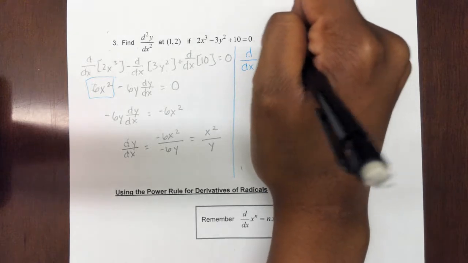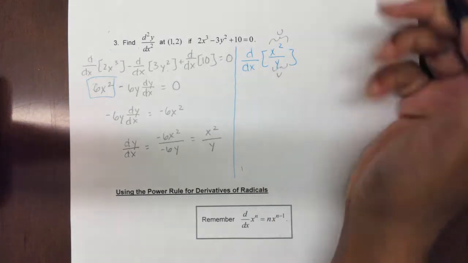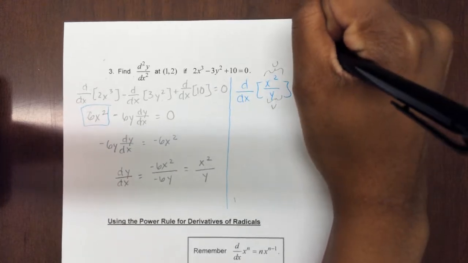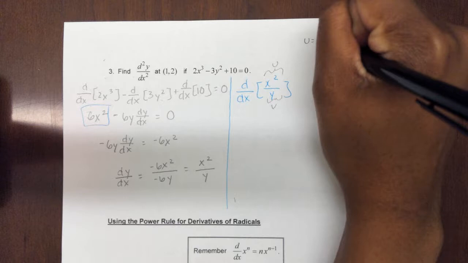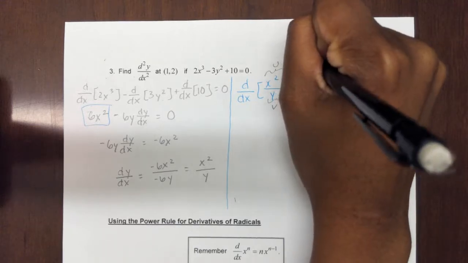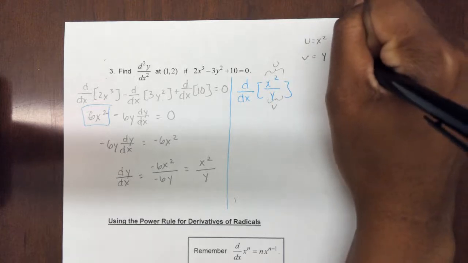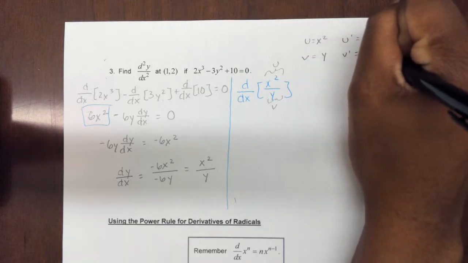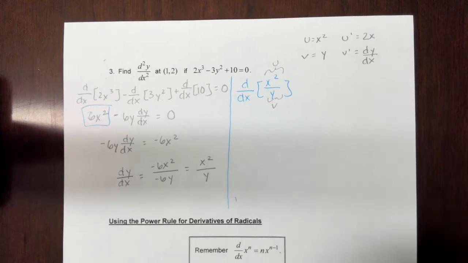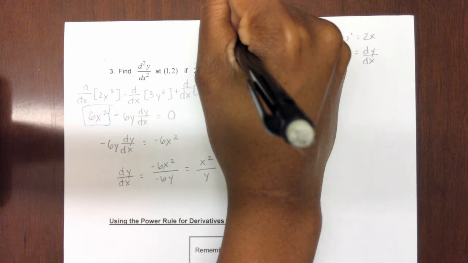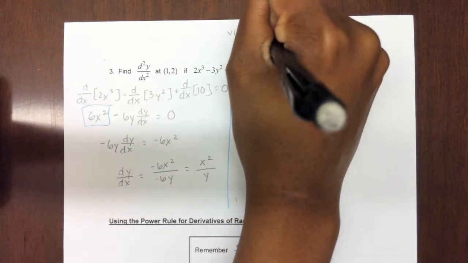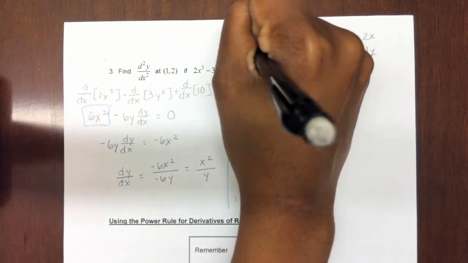So this will be my u, this will be my v. So u equals x squared, u prime would equal 2x, v equals y, v prime would equal dy/dx. And quotient rule is v u prime minus u v prime over v squared.